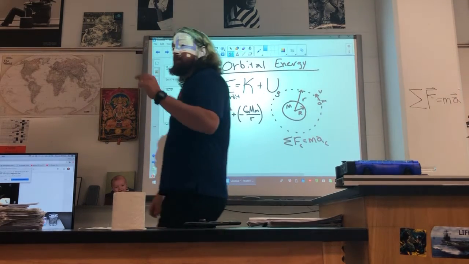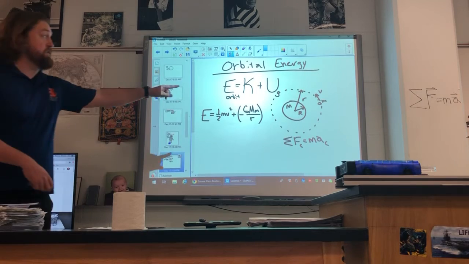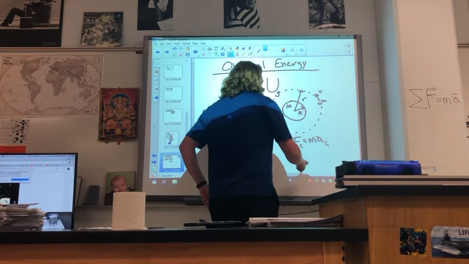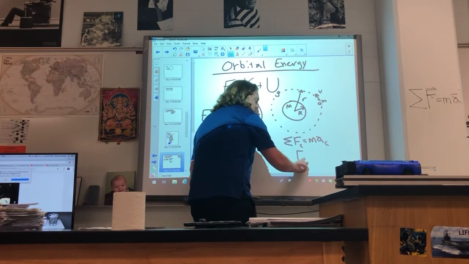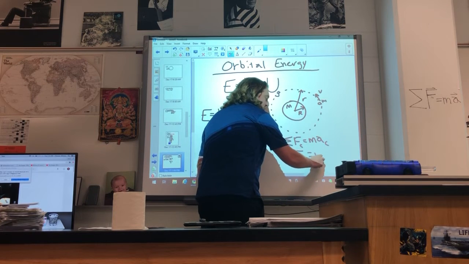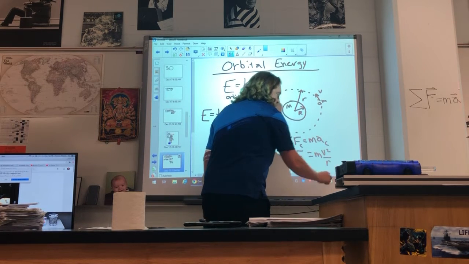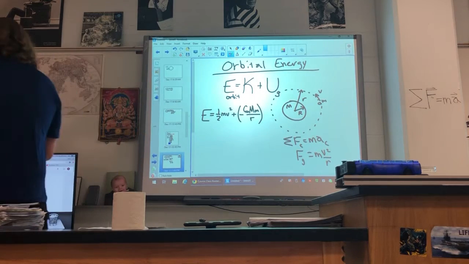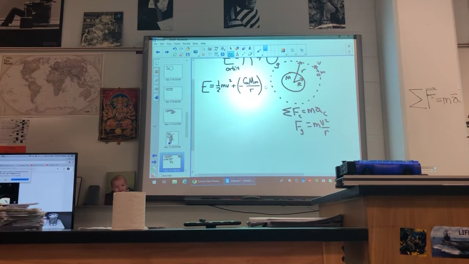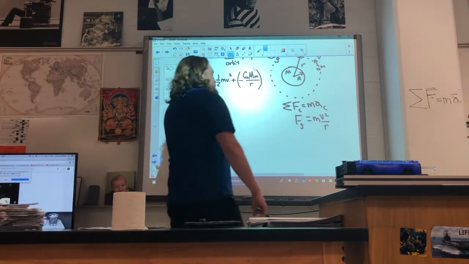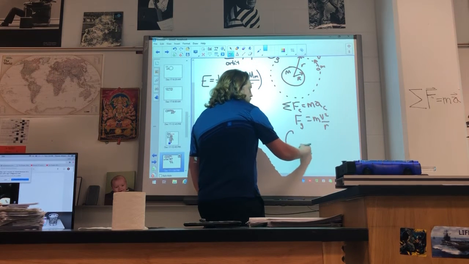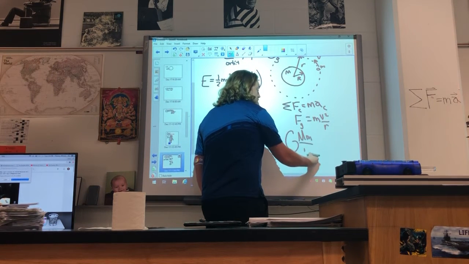The force that is causing that is what? The mutual force of gravity, correct? Y'all with me here? Is this starting to ring a bell? All right, what can we put in for that force of gravity? Yeah, the universal law of gravitation.